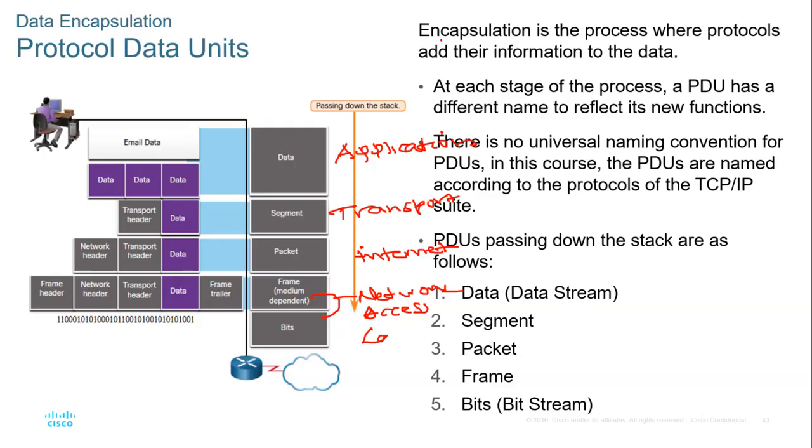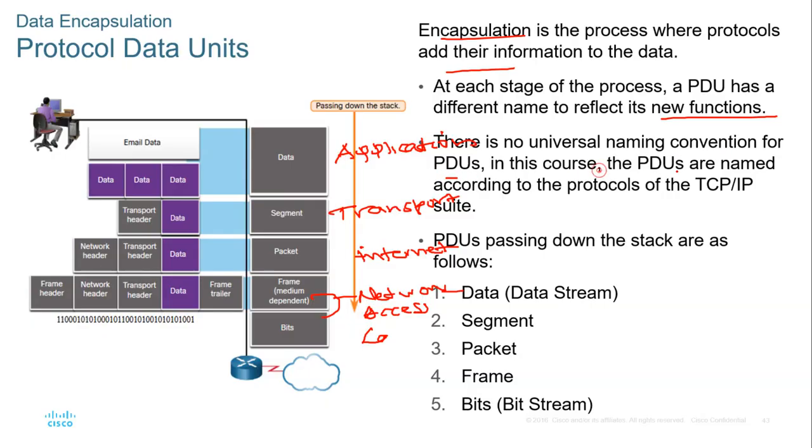So encapsulation is the process where the protocols add their information following the order of the layers. At each stage of the process, a PDU has a different name to reflect its new function. There is no universal naming convention for PDUs.